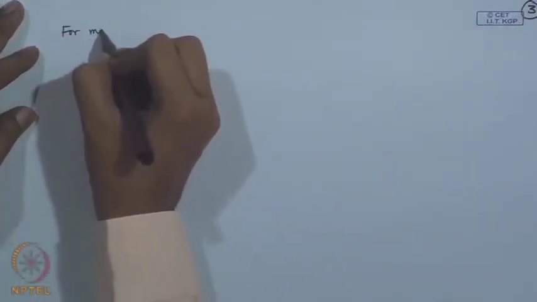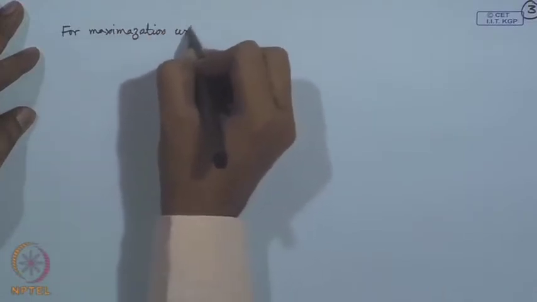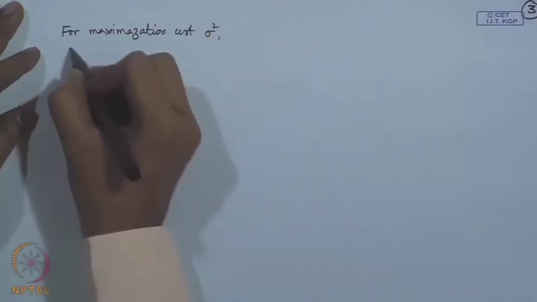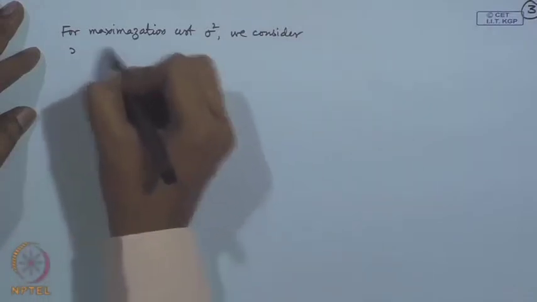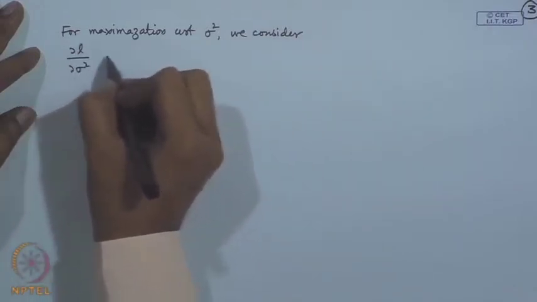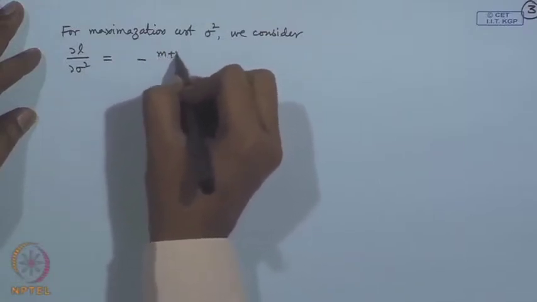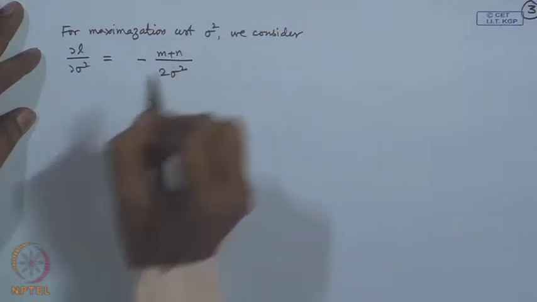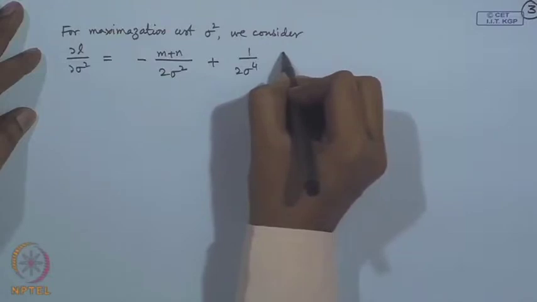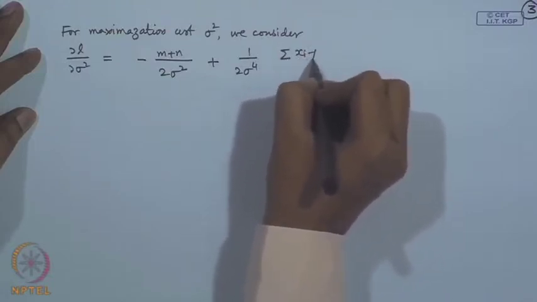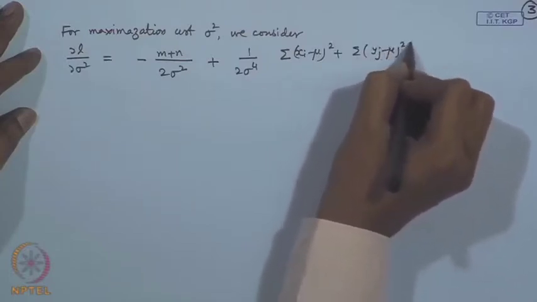For maximization with respect to sigma square, we consider del L by del sigma square, that is equal to minus (m plus n) by 2 sigma square plus 1 by 2 sigma to the power 4 times (sigma (x_i minus mu) square plus sigma (y_j minus mu) square).